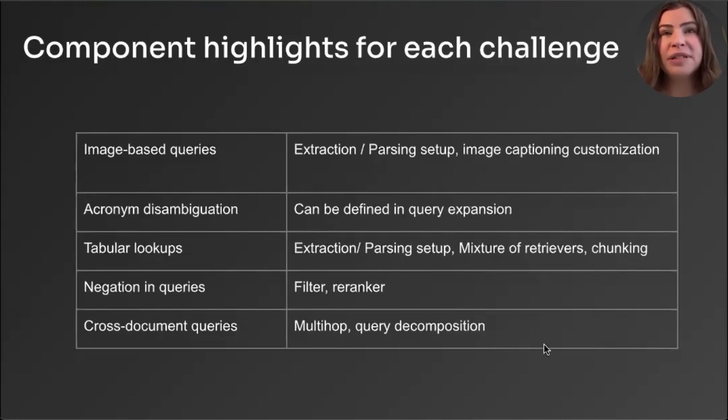For tabular lookups, again, a key part of this is the extraction and parsing, but then also having this mixture of retrievers that lets you retrieve the tables, like table-aware modeling, and then the chunking that was performed for it. For negation, our filter and re-ranker are doing the heavy lifting here. The re-ranker has been trained to take negation into account. And for cross-document queries, elements like multi-hop and query decomposition are really helpful to getting those to work out of the box.